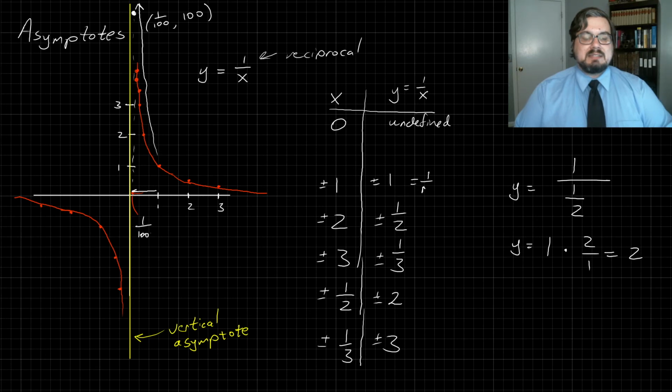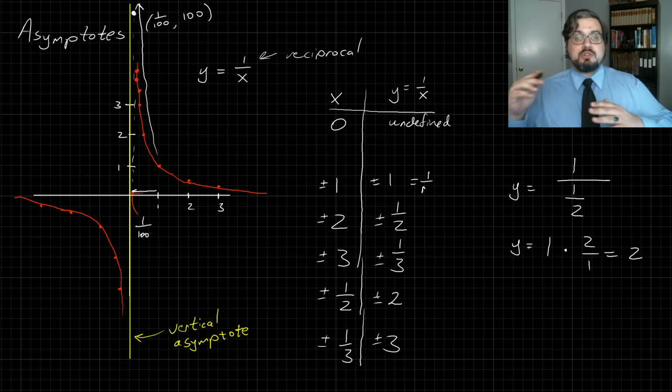So a vertical asymptote, intuitively, is a vertical line that the graph of the function gets closer and closer to, but doesn't actually touch, where the graph keeps going up and up without bound as it gets closer and closer to that vertical line.